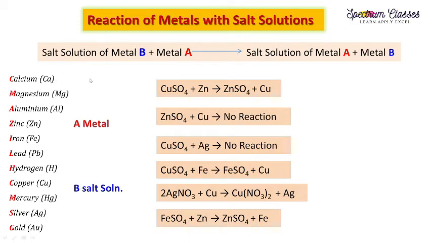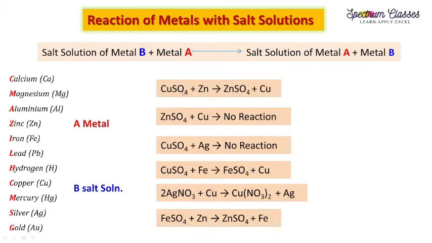Which comes first, that we will mark as metal A, which comes later, that we will mark as metal B, like alphabetical order. So if we are having these two, then we will mark this A, this B. If we are having this and this, then this will be marked as A and this will be marked as B. So here what is written, salt solution of metal B plus metal A will give you salt solution of metal A plus metal B.